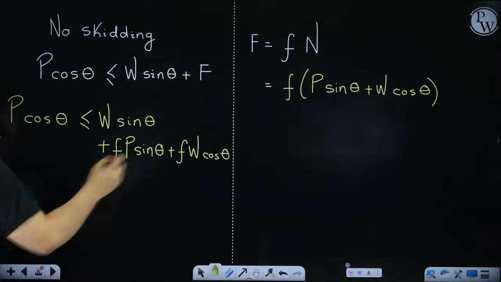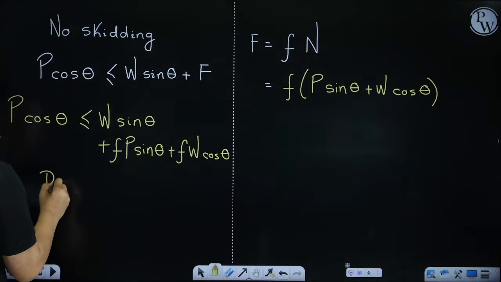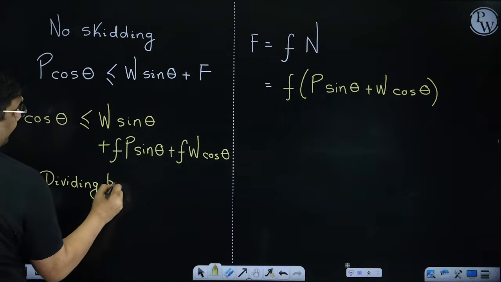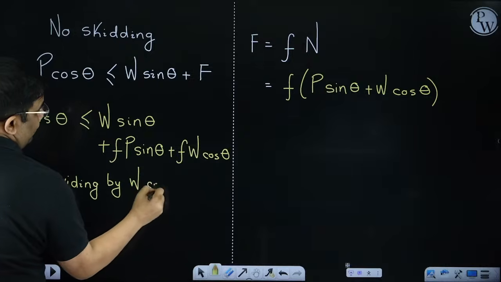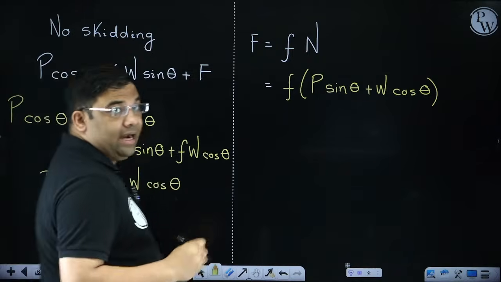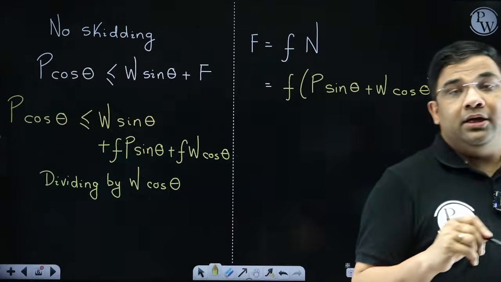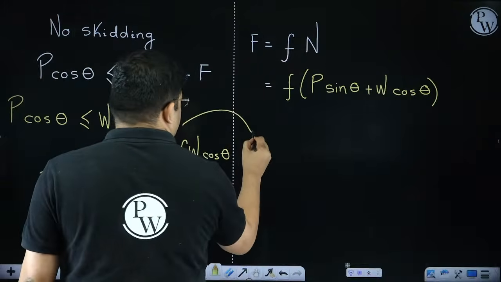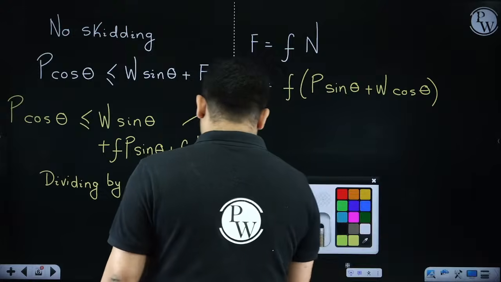Now I'll divide this whole equation by W cos theta. What will this equation change to?